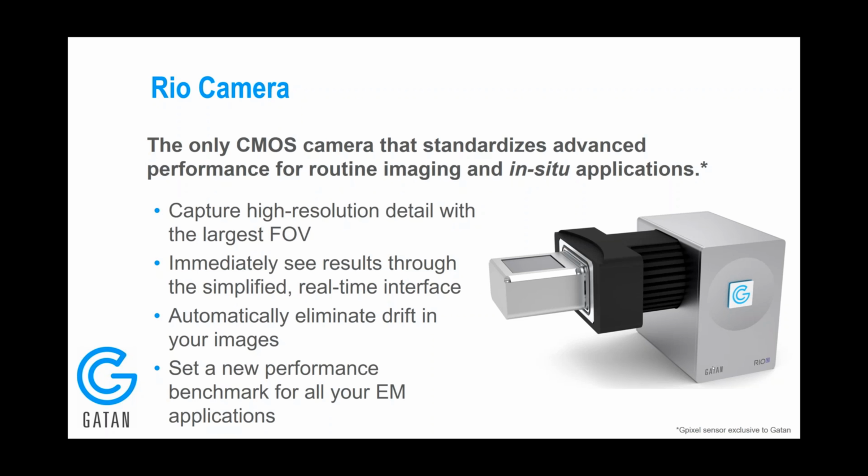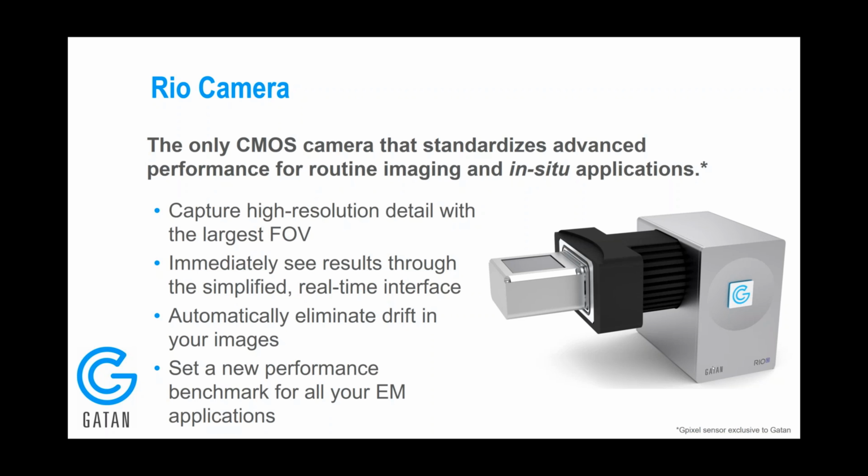The camera is operated using Digital Micrograph 3 or GMS3, and during the design of this software, we have had a workflow of the user in mind. So it's really easy to use this camera, and it makes it possible to get to results in the shortest amount of time and very easily.